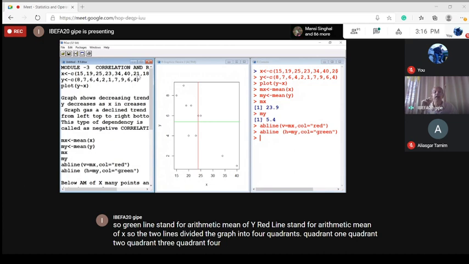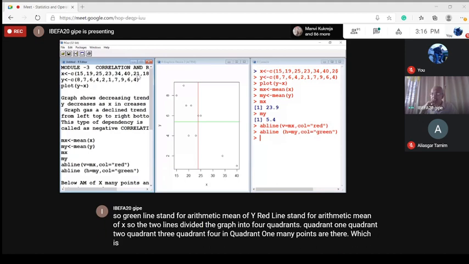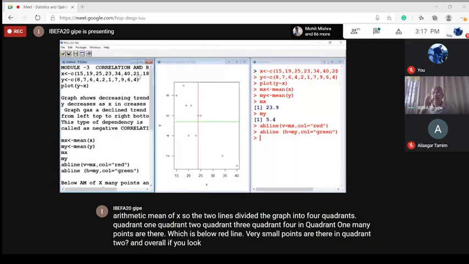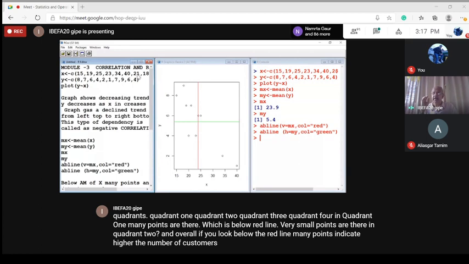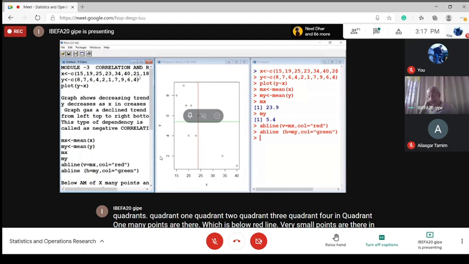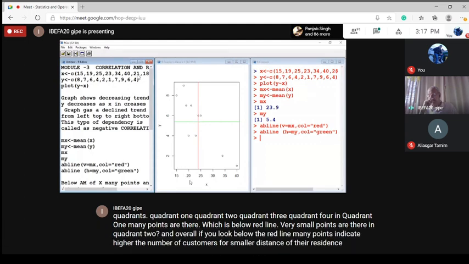In quadrant 1, many points are there, which is below the red line. Very few points are there in quadrant 2. And overall, below the red line, many points indicate a higher number of customers for a smaller distance of their residence. That is what I explained.